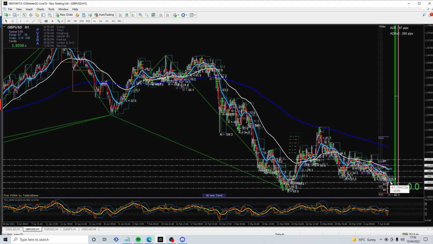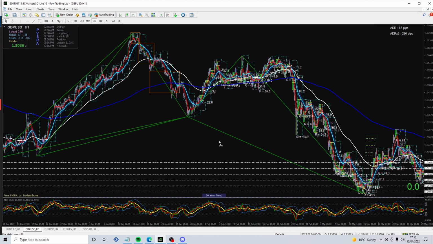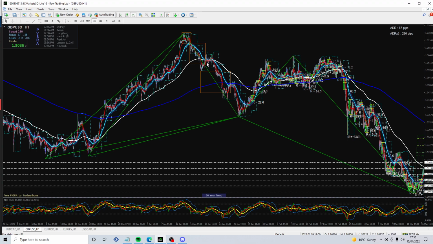So the ADR keeps shrinking. But when pairs move up like this, the ADR is disgusting. So I'm just going to use my logic here and say that this is what the level was. It was more than likely 127 pips.